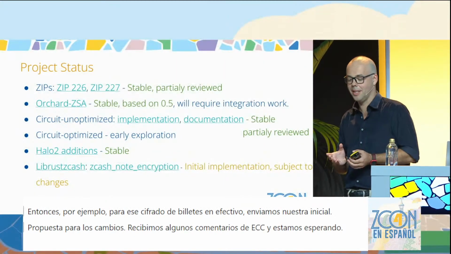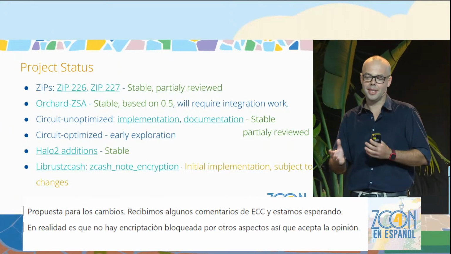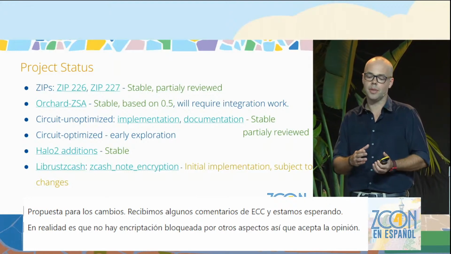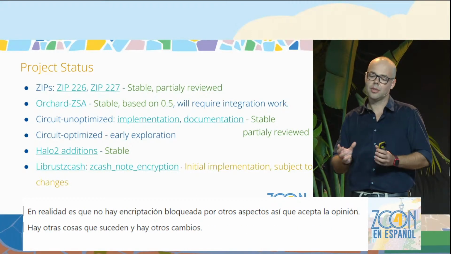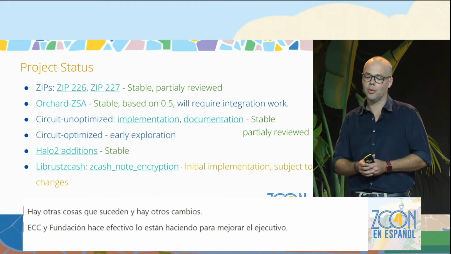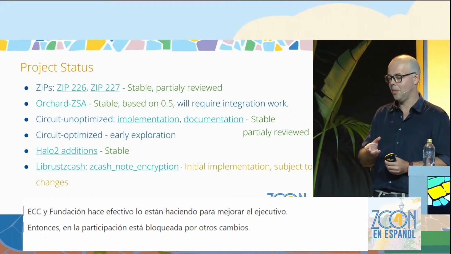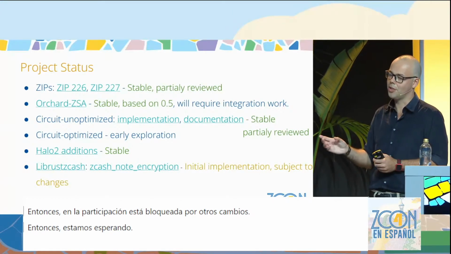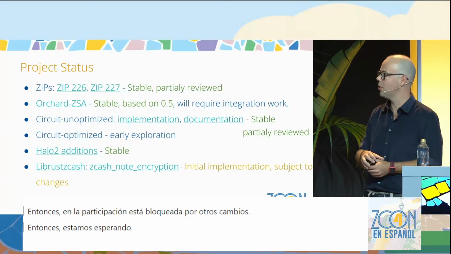Except for ZSA, there are other changes that ECC and the Zcash Foundation are making to improve the Zcash node. So in part, node encryption is blocked by other changes. We are waiting for some changes to happen, and then we will improve our implementation of the Zcash node encryption, and we will submit it again.